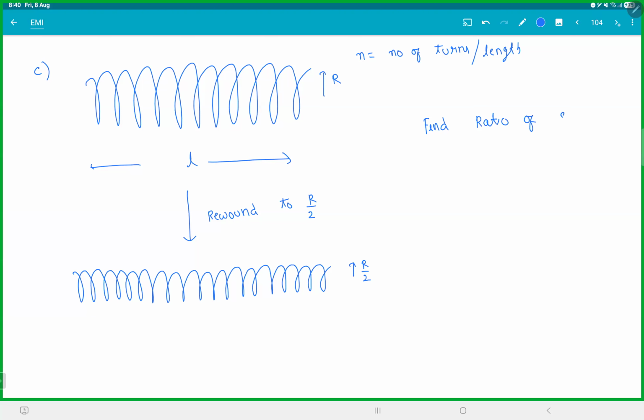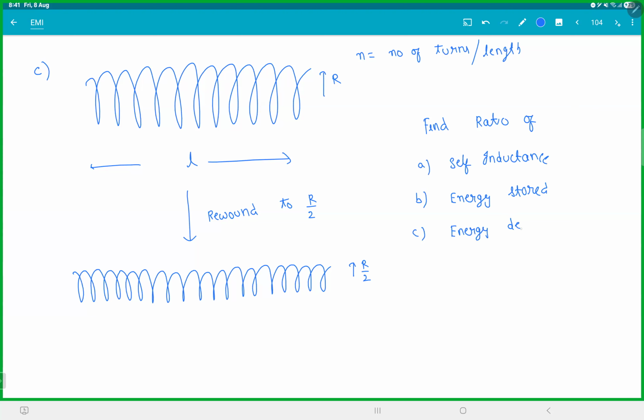Find the ratio of self-inductance, energy stored, energy density.